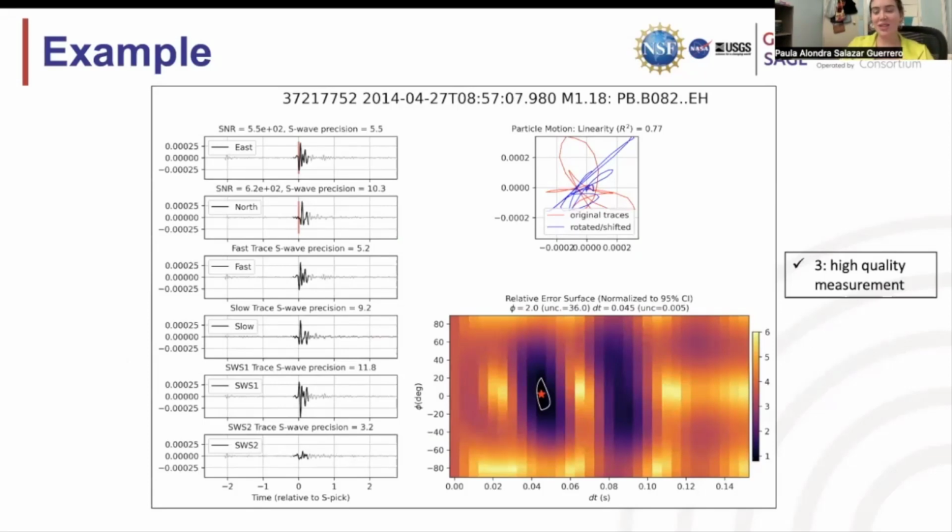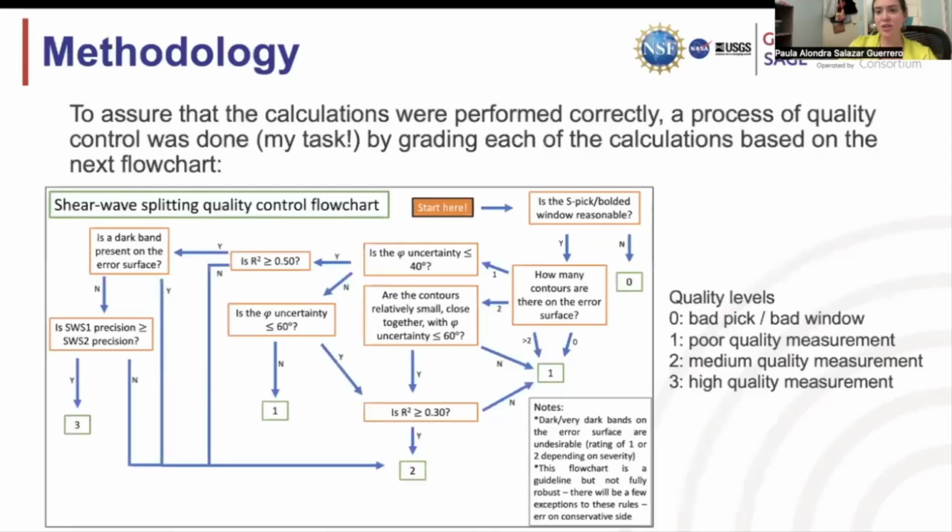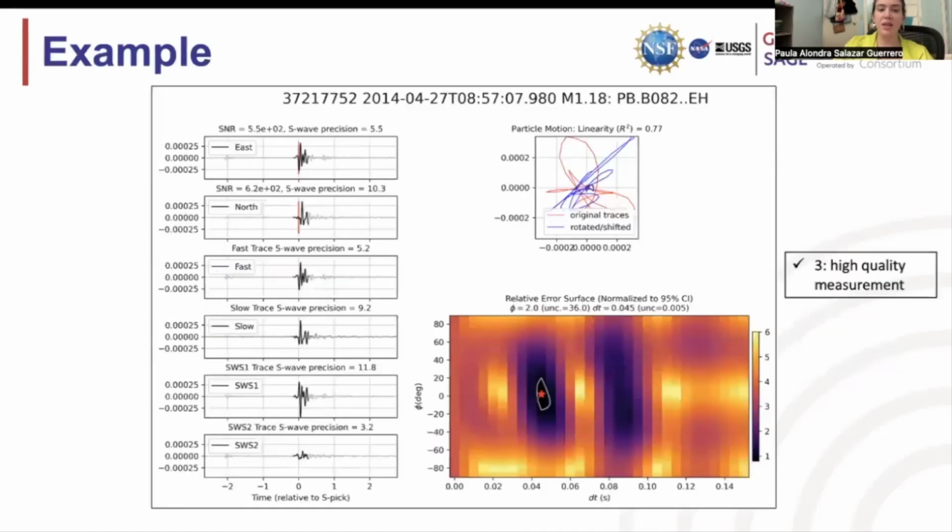So this particular example was graded a 3, a high quality measurement, due to following this flow chart here. So the S peak was reasonable. It didn't have more than one contour. The R squared was a high value, and the uncertainty was a low value.